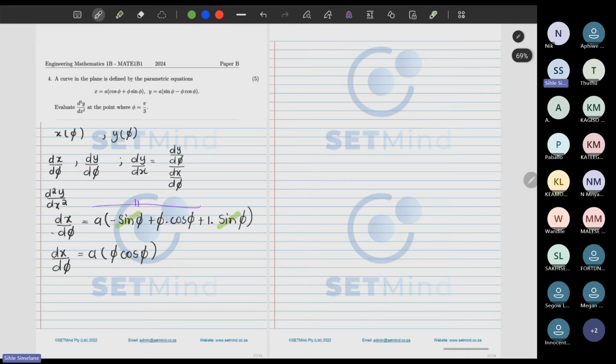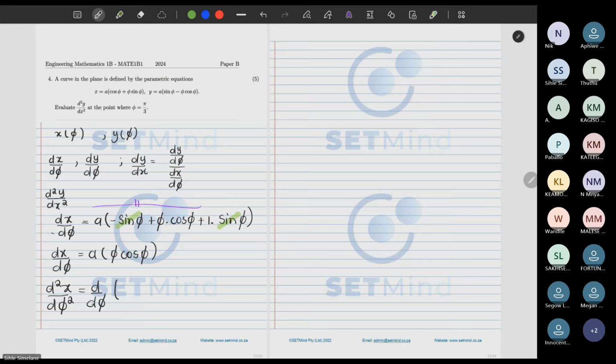So we can now find the second derivative, guys. Remember, second derivative is the derivative of the derivative. So we just go and derive the derivative, which is a into cos of that, of which the answer is going to be, cos will be negative, so it will be negative a sine, like that. So we are done with that.